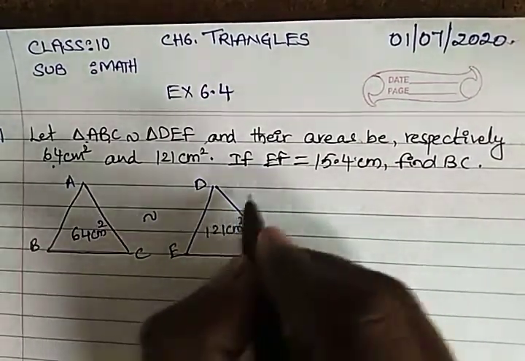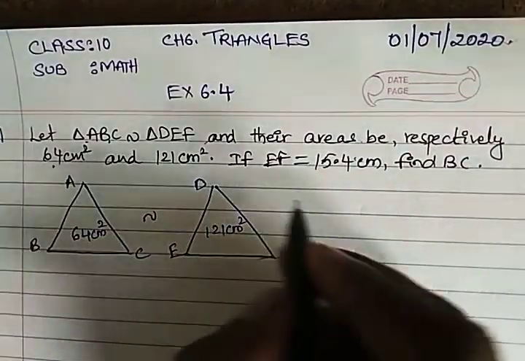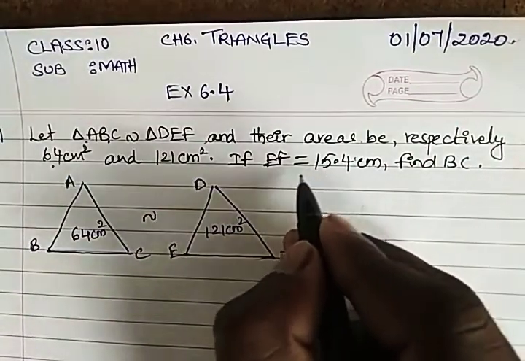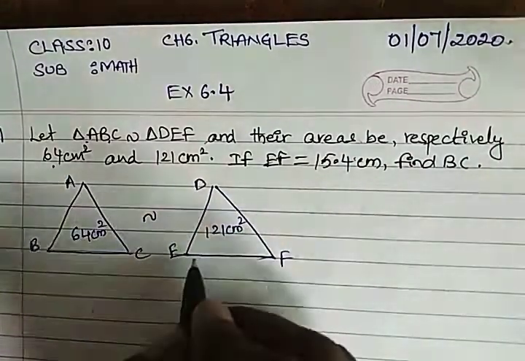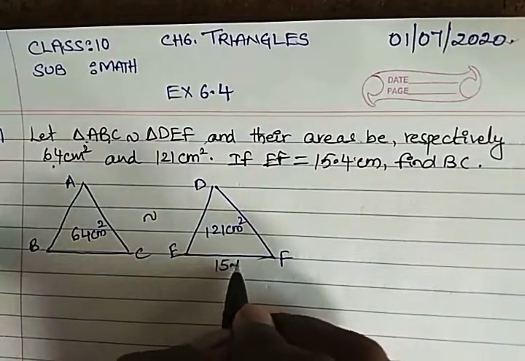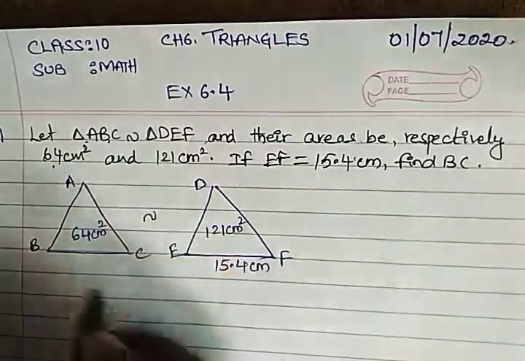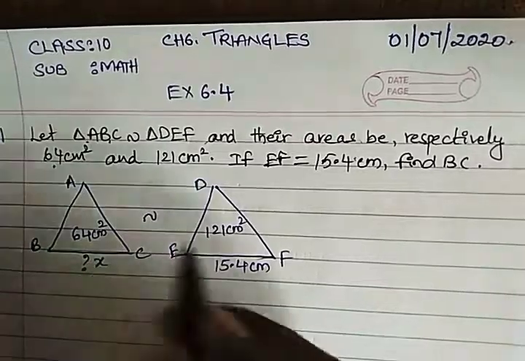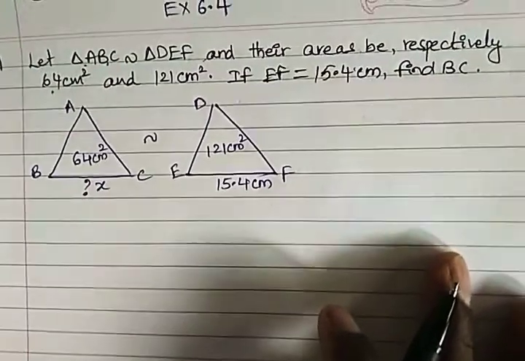So this must be a little bit bigger than ABC. If EF is equal to 15.4 centimeters, then find BC. How much is this? X. This is the given information.